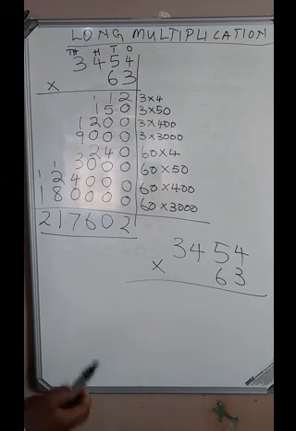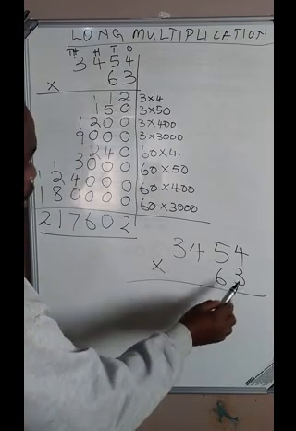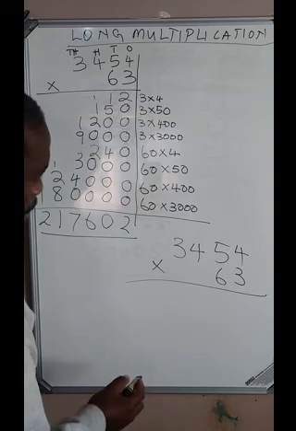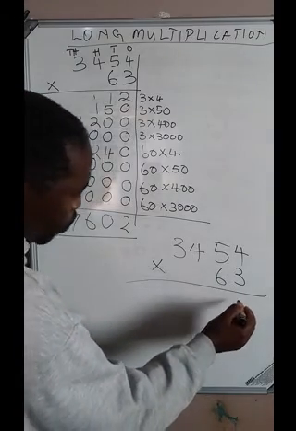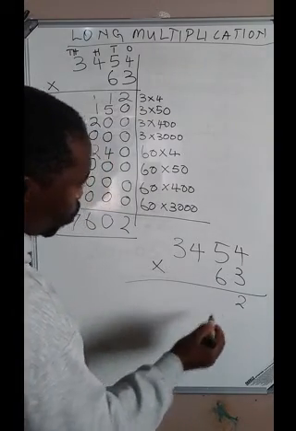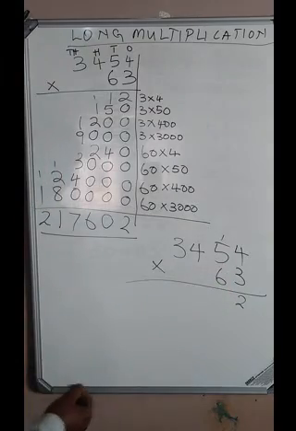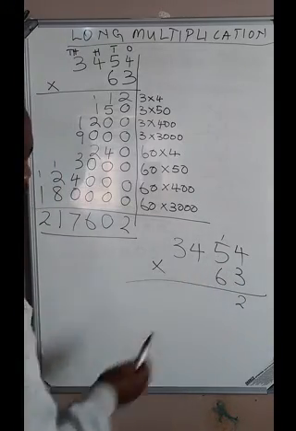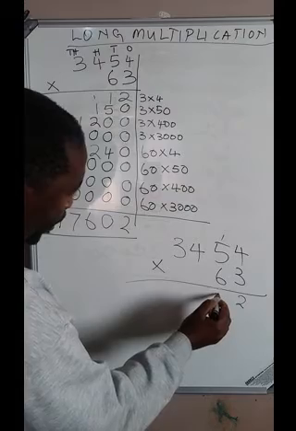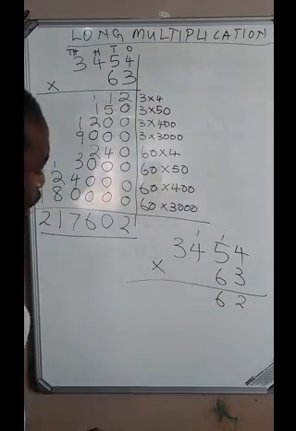So if you were doing short multiplication, you're going to say 3 times 4. The answer is 12. You write 2, you carry 1. And then 3 times 5 is 15 plus 1 is 16. You write 6, you carry 1.